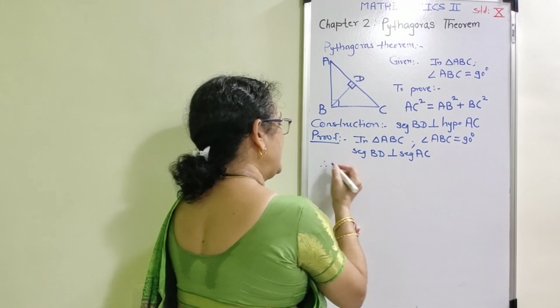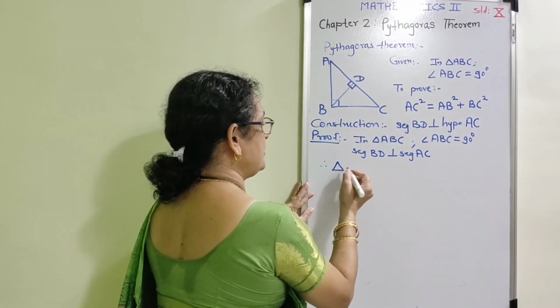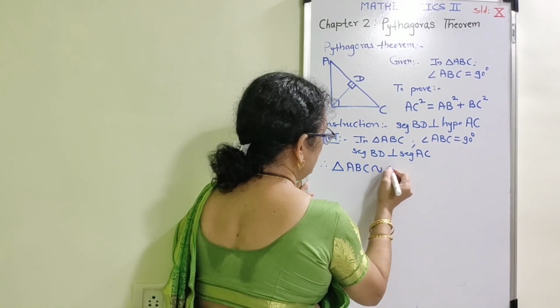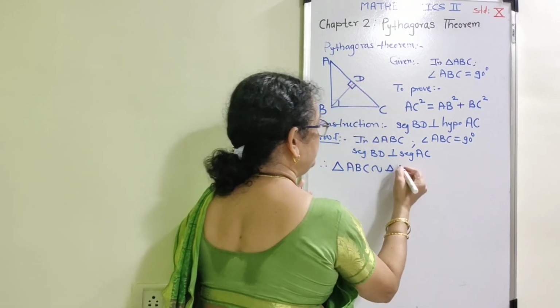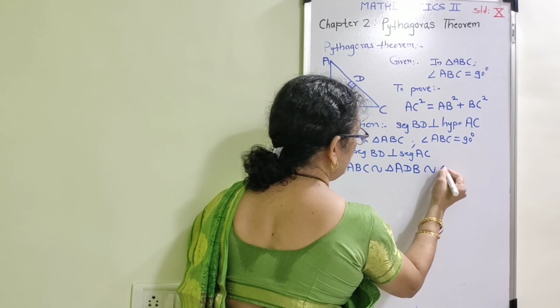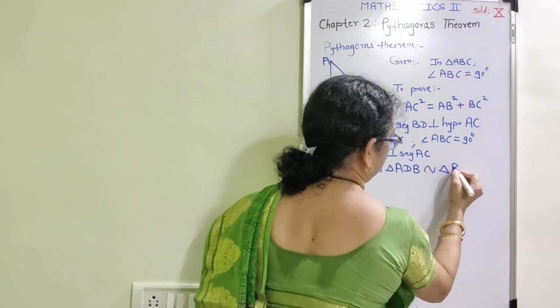Therefore, I will get three pairs of angles which are similar to each other. Triangle ABC is similar to triangle ADB, ADB similar to triangle BDC.